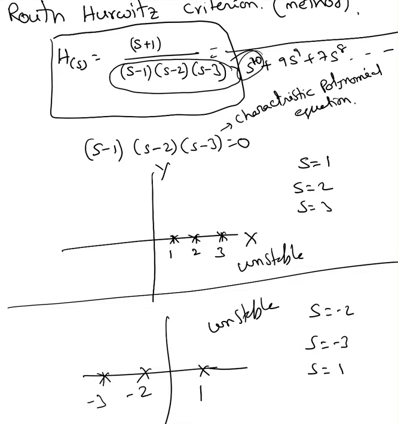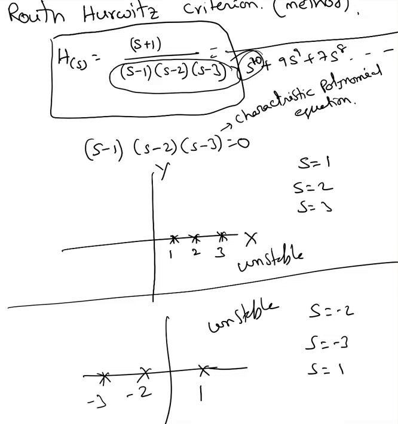Okay, so finding 10 poles from this characteristic polynomial equation, there is lots of math involved. Now what we can do by using Routh Hurwitz criteria, without finding the poles, we can find out the stability of the system, whether that system is stable or not. That's what we can tell. We cannot tell what are the poles, how much stable, what needs to be done to stabilize it. We cannot tell by using Routh Hurwitz criteria.